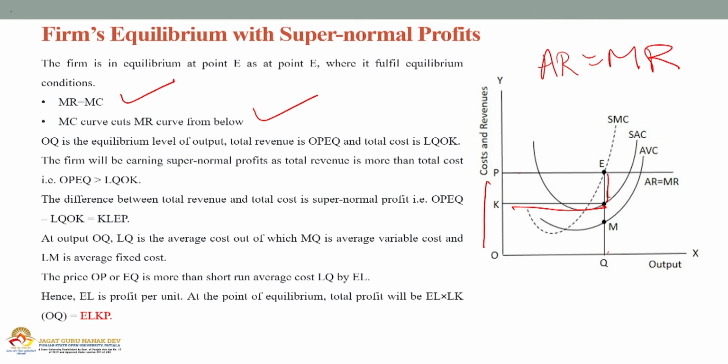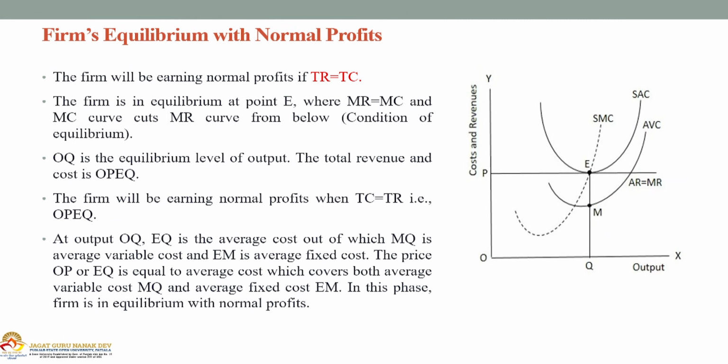Clear? Moving forward, firm's equilibrium with normal profits. Again, both conditions will work. That is, marginal revenue is equal to marginal cost, and the marginal cost curve cuts marginal revenue from below. Fine. So normal profit arises when there is no difference between total revenue and total cost.